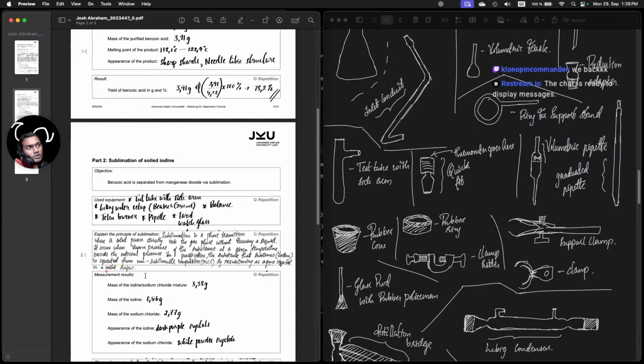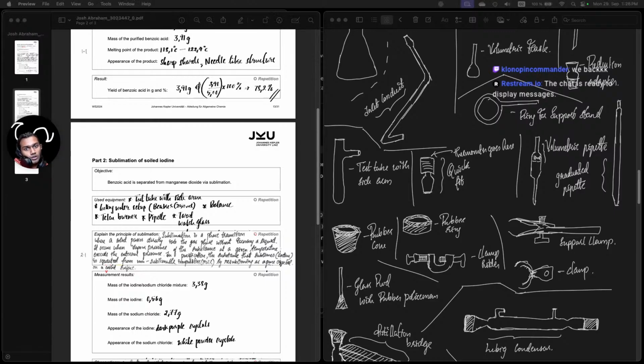In purification, the substance that sublimes is separated from non-sublimable impurities by resubliming as a pure crystal on a cooled surface, or colder surface, doesn't matter.